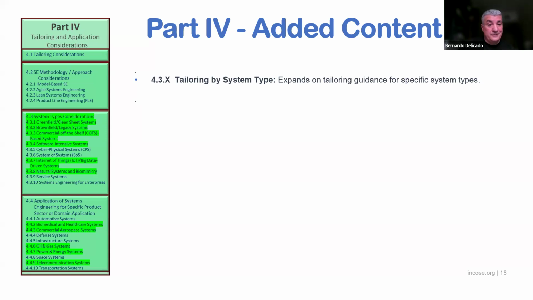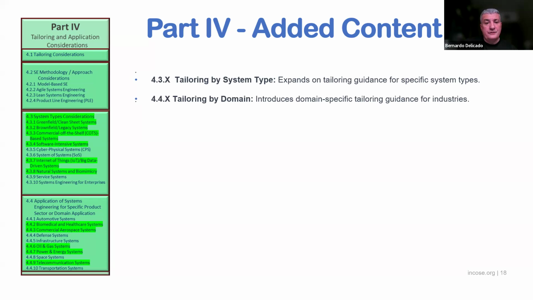You have here, for example, greenfield clean-sheet systems, brownfield legacy systems, commercial off-the-shelf, or software-intensive systems, you know.